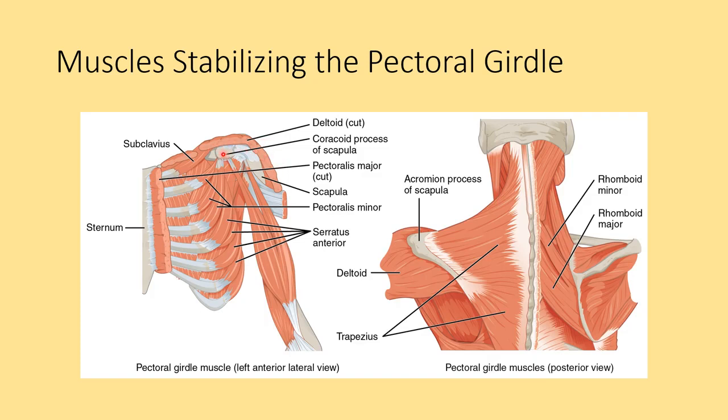And this is showing one of the processes on the scapula, which, remember, processes are prominent projections off of the bone. It's often where muscles attach, and that's actually what we see. So we have several of these muscles that come up and attach here on the scapula.